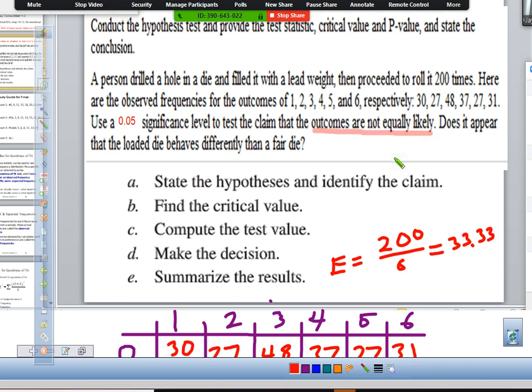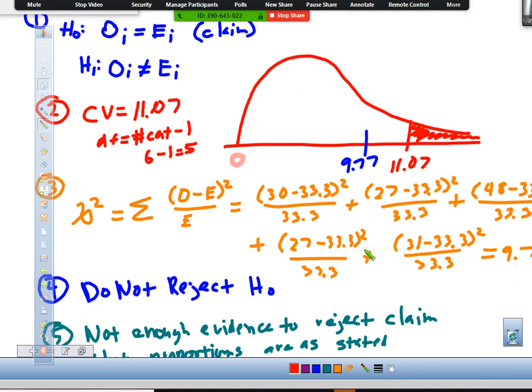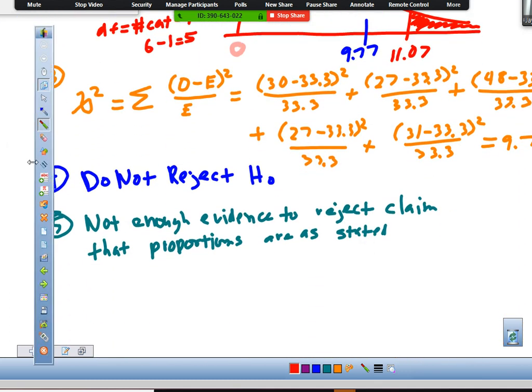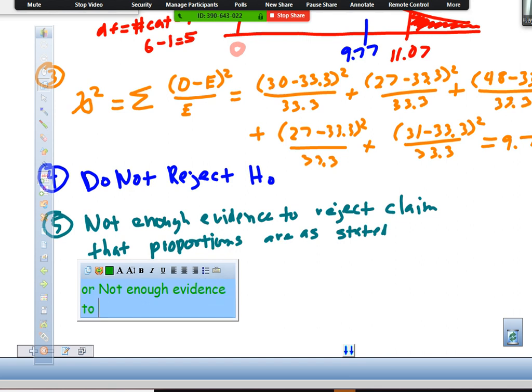If you had put this instead, not enough evidence to support the claim that the proportions are different, proportions differ, then that would be okay too.